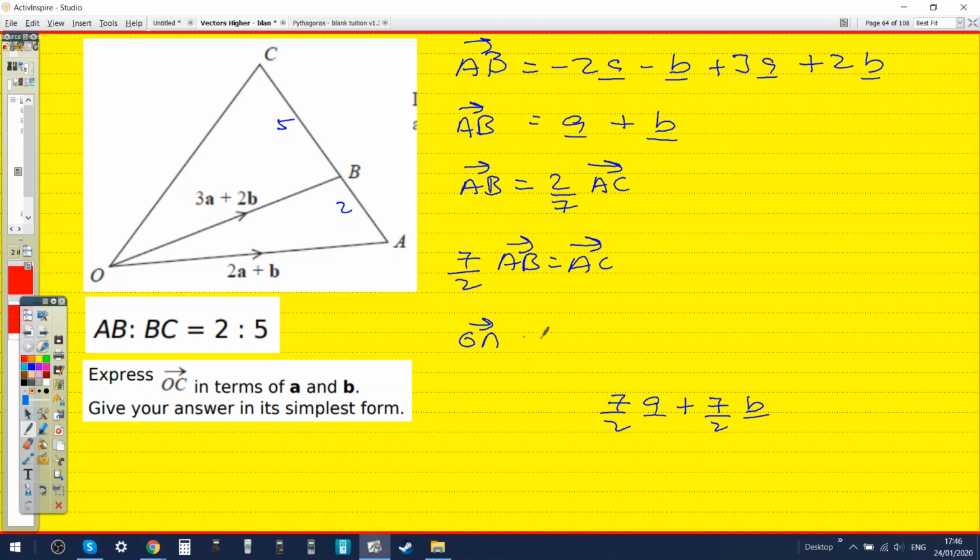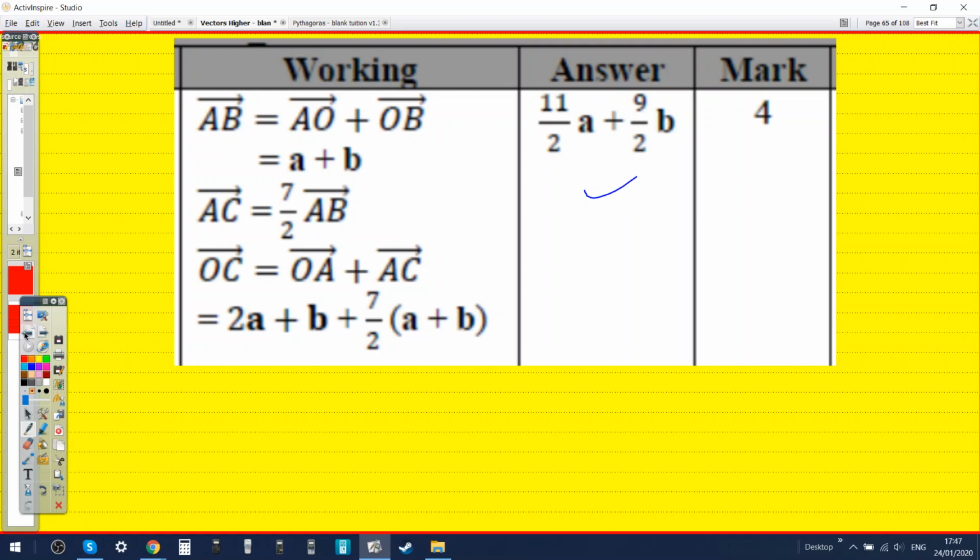So O to A is 2A plus B, plus 7 over 2A plus 7 over 2B, giving us 5.5A plus 4.5B, so 9 over 2B. Let's check. 11 over 2A plus 9 over 2B.